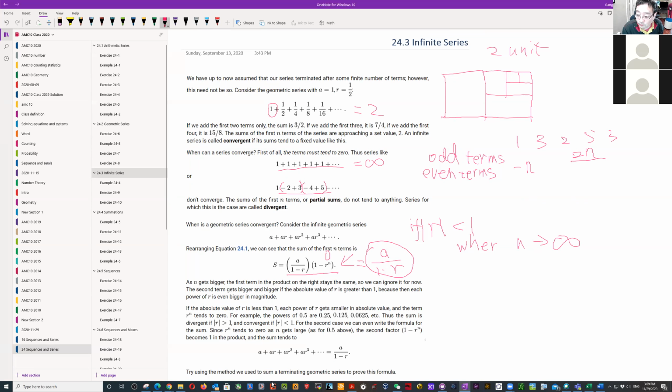it's actually going to be (m plus 1) divided by 2. So basically, the even-term finite sum is negative n divided by 2, because if you have 2 terms, it's -2 divided by 2.